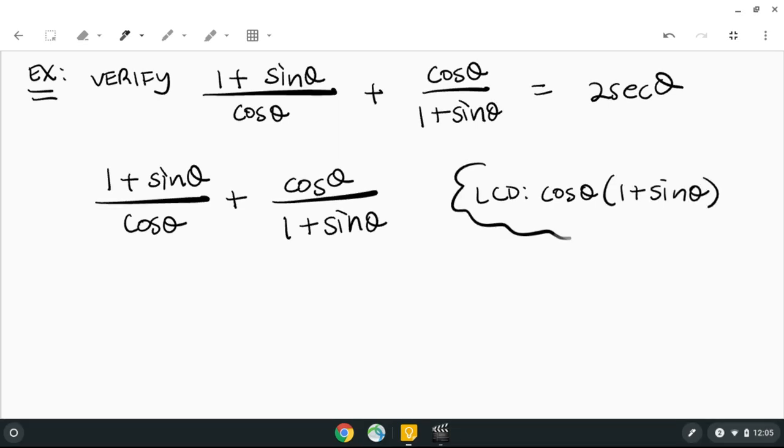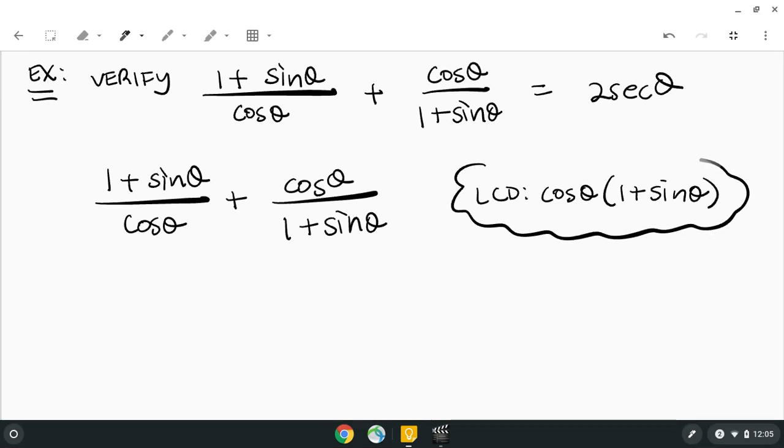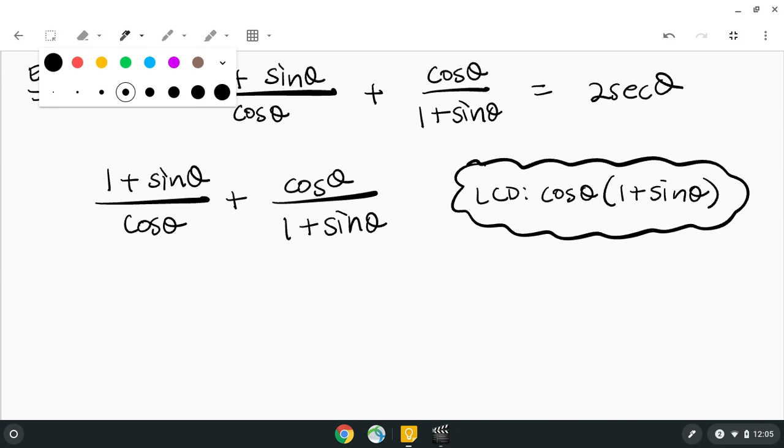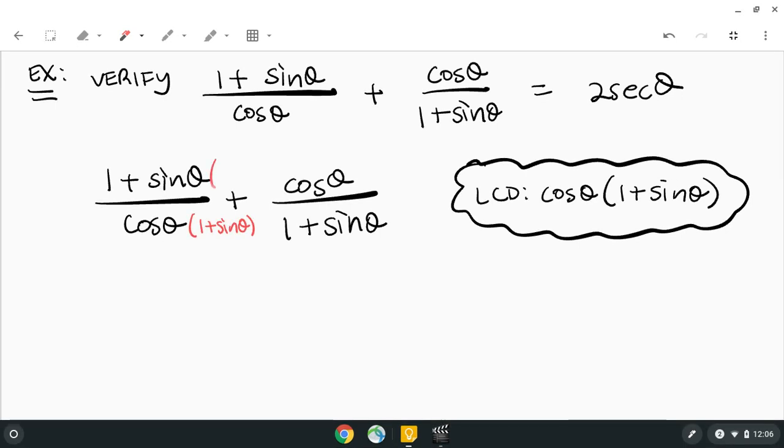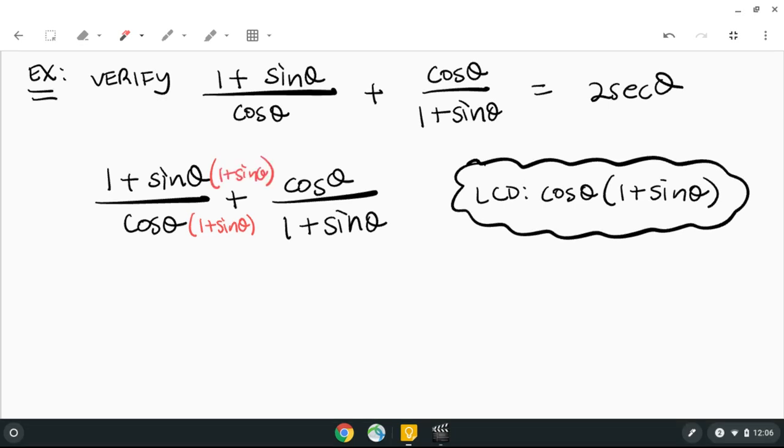So I'm going to try to get my denominators to look like that. Cosine theta, this first fraction, I need to multiply by 1 plus sine over 1 plus sine, which is basically 1.